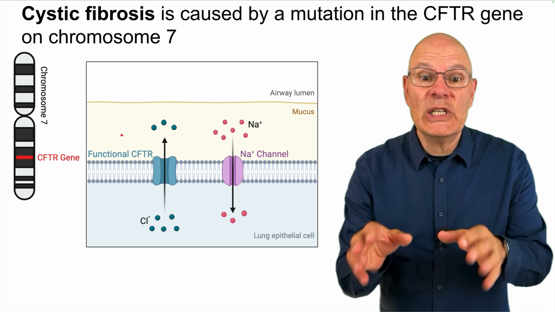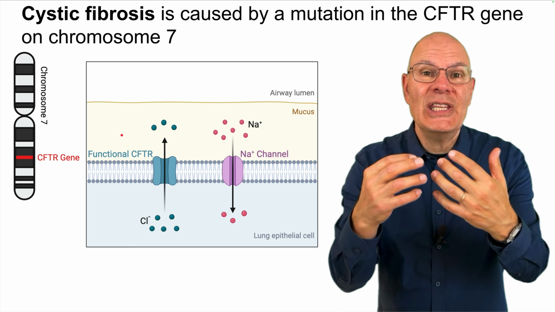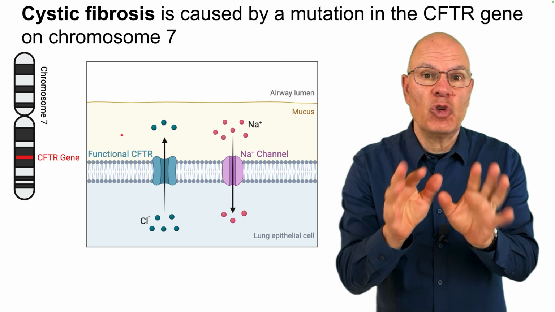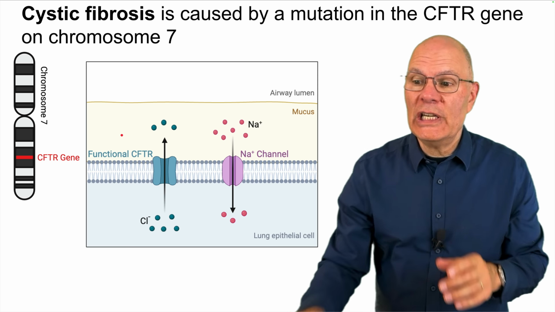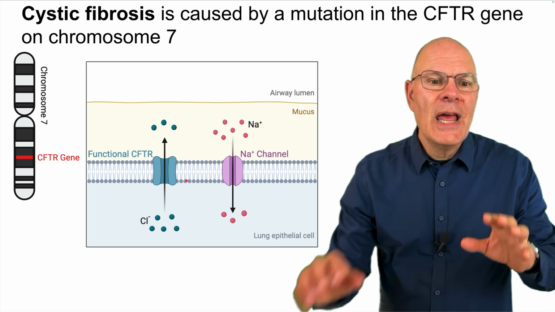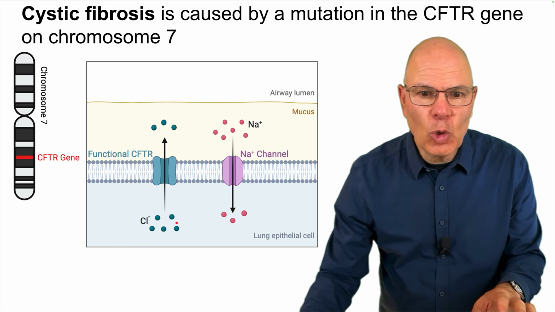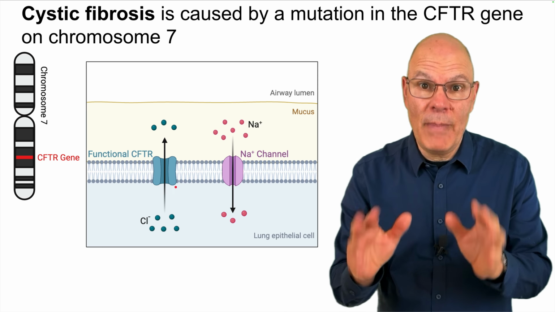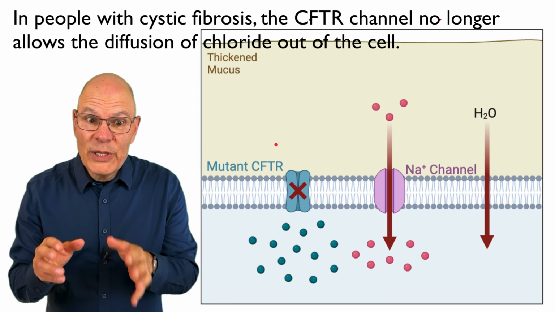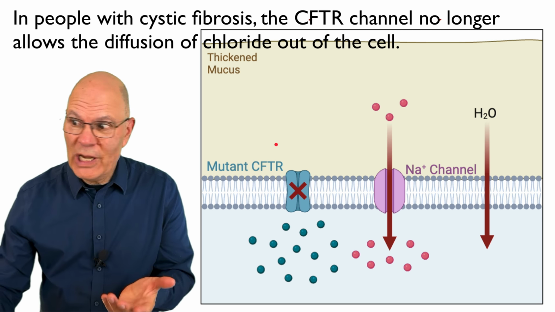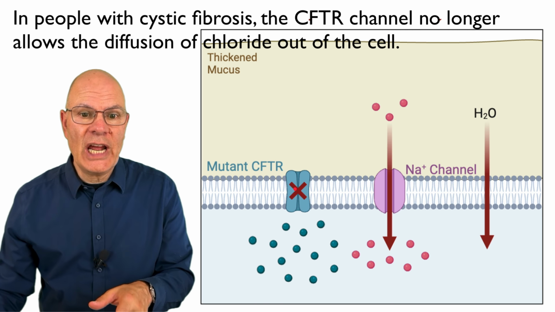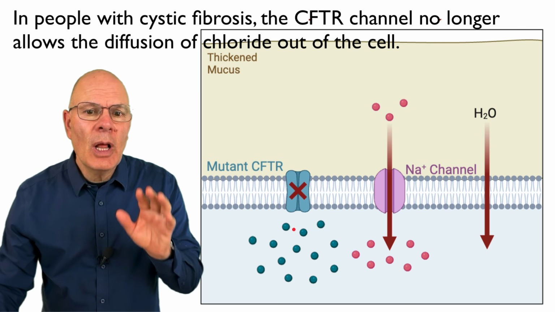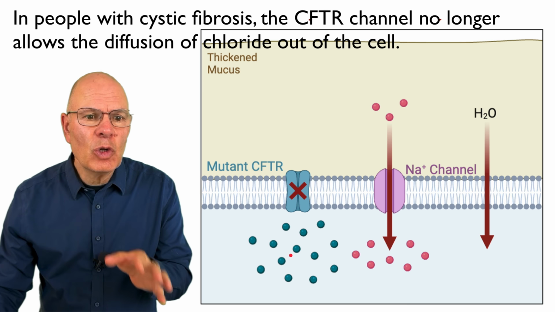Cystic fibrosis is caused by a mutation in the CFTR gene that's on chromosome 7. This gene normally codes for a protein channel right over here that controls the movement of chloride ions across cell membranes. In people with cystic fibrosis, the mutation causes a malfunctioning protein channel, and that mutated channel blocks the passage of chloride.